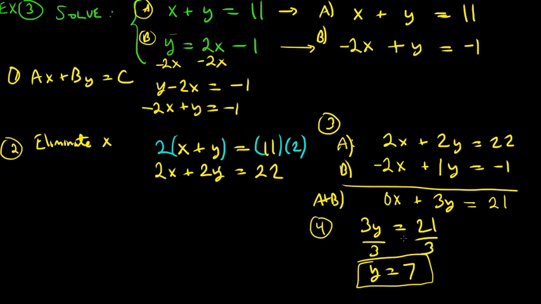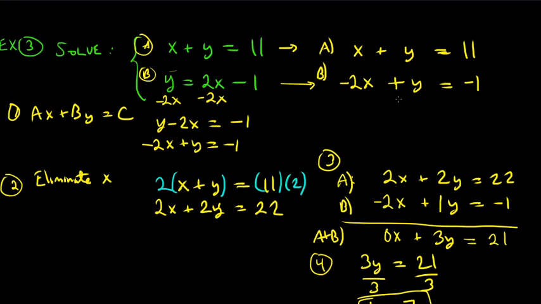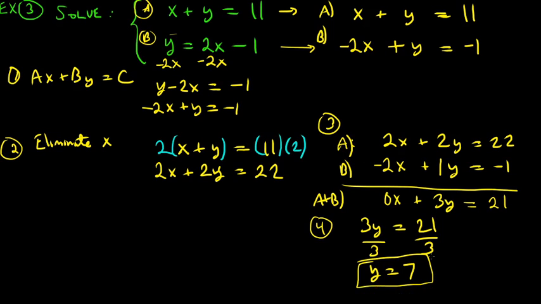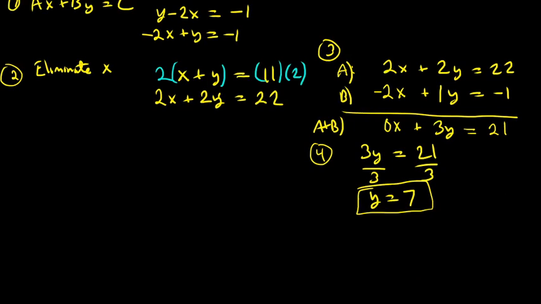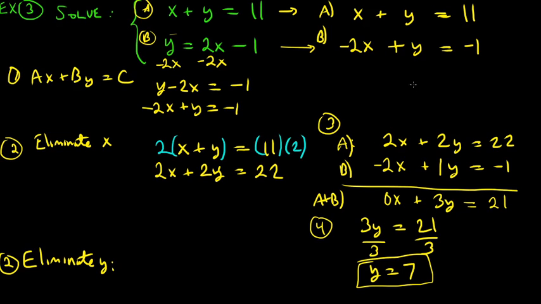So now that we know what y is, we can go back and find x. But I'm going to do something different, because some of you might have said, I eliminated y, I didn't eliminate x. So we can do that as well. Let's eliminate y instead. To eliminate y, notice that they already have the same coefficient.